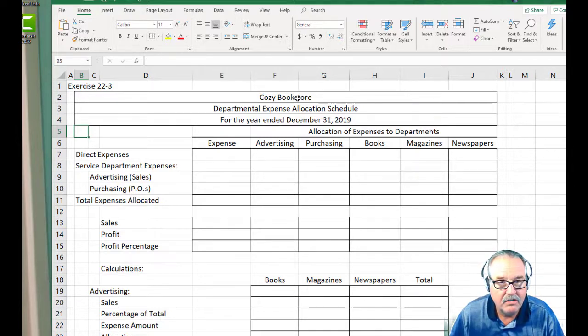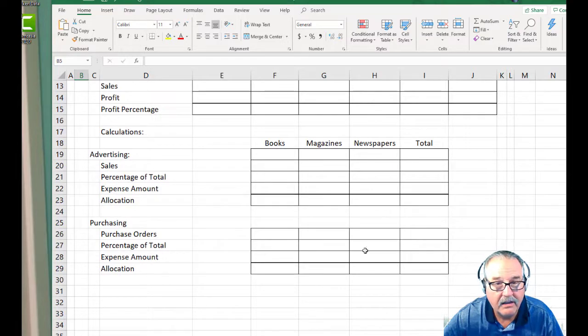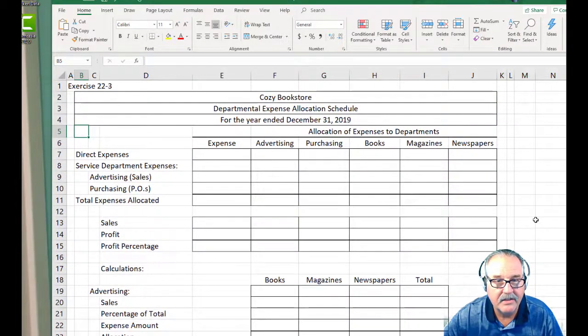Our job is to allocate the advertising based on sales and the purchasing expenses based on purchase orders. We're going to have some subsidiary schedules down below where we do the allocation for advertising and for purchasing, and then we can roll these up into our main schedule.